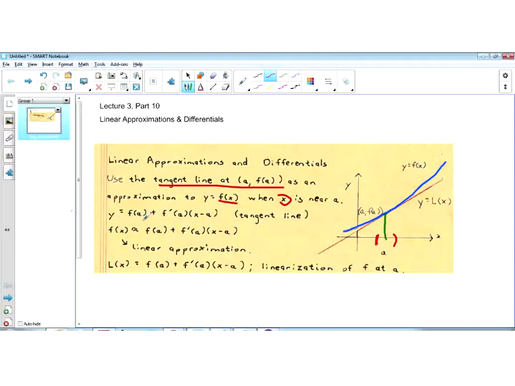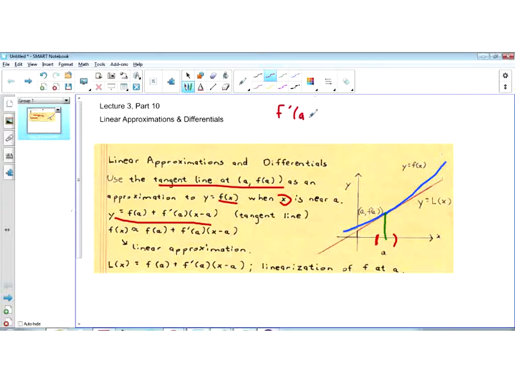So here we have the equation of the tangent line at x equals a. Where does this come from? Well, we know that the slope of the tangent line is f prime of a.